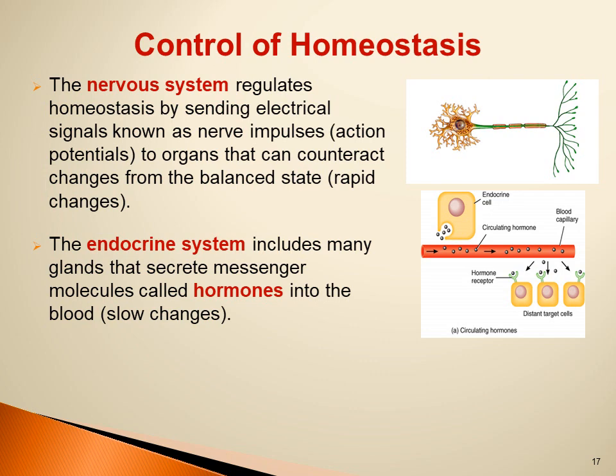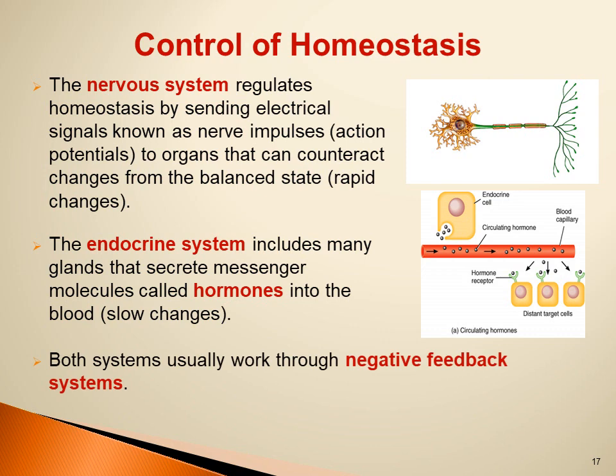Because the process includes the release of the hormone, circulation through the blood, and then action on the receptor on the target cells, usually the endocrine system will mediate slow changes or slow corrective measures. Both systems usually work through negative feedback systems.